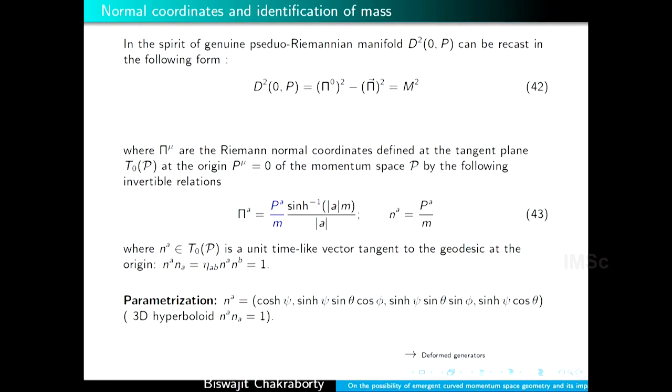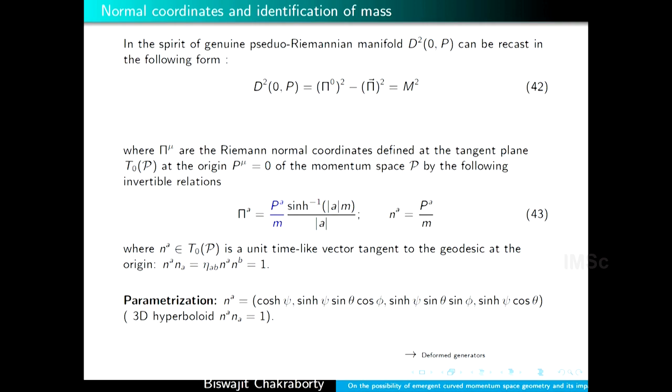So we can make use of what are called Riemann normal coordinates, introduced at the tangent plane at the origin of p mu equal to 0, and can rewrite this distance square in terms of the normal coordinates. I introduce pi 0 square minus pi vector square is equal to capital M square, and write a relation between pi a and pa.